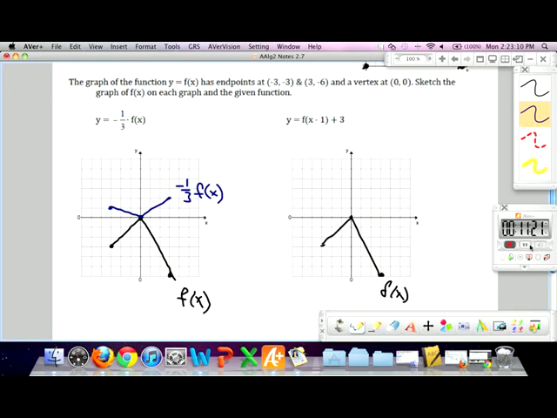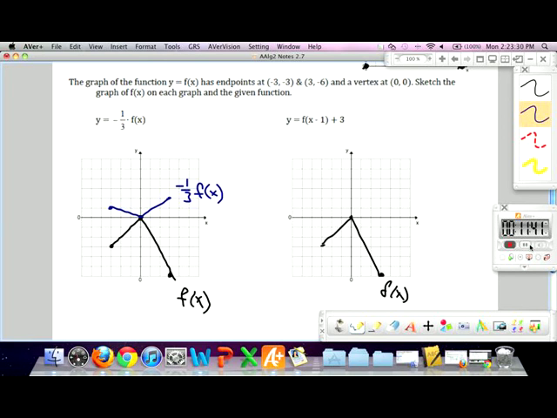Which direction, left or right? To the right one. So this is a slide to the right one, and slide what direction? And then there's another slide. Up by 3.